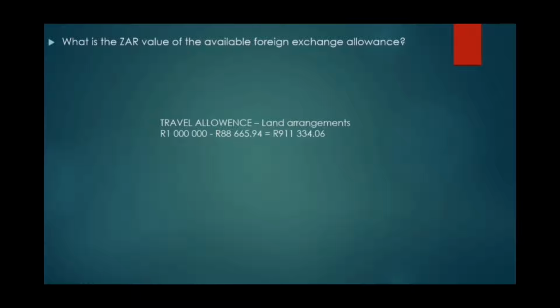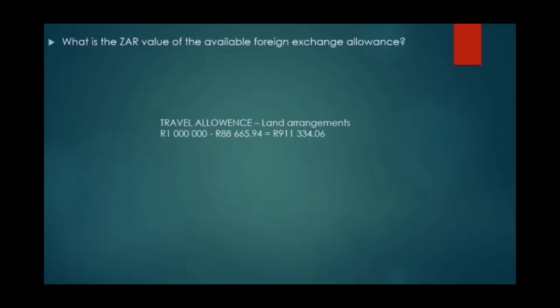So 1 million rand minus 88,000 and a few odd rands equals 911,334 rand and 6 cents. So that's the amount that we have left in his travel allowance as his annual discretionary travel allowance.